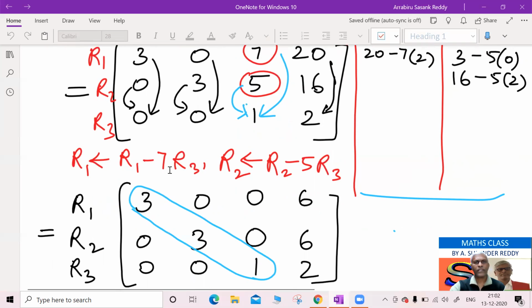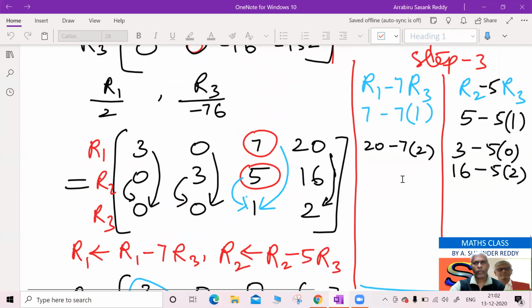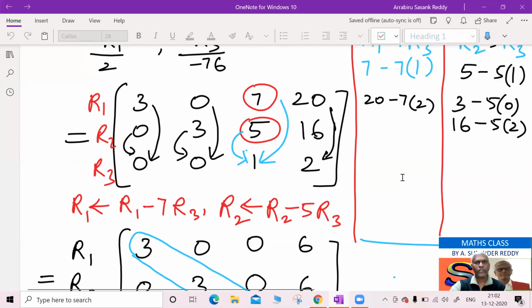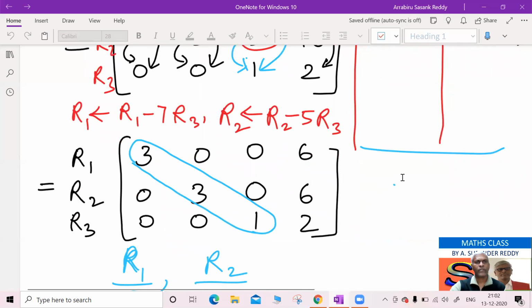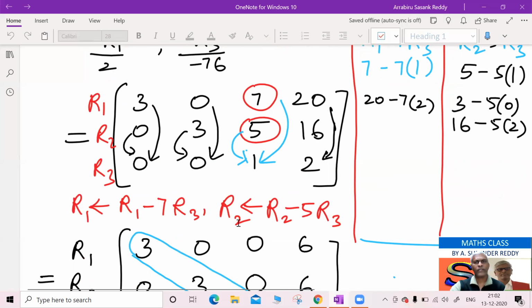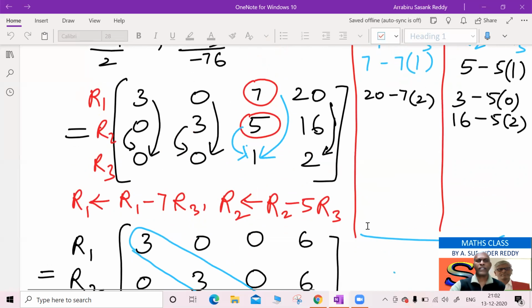R1 is 20 minus 7 into the R3 value 2. 7 into 2 is 14. 20 minus 14, that is 6.